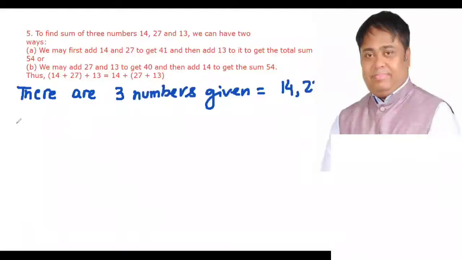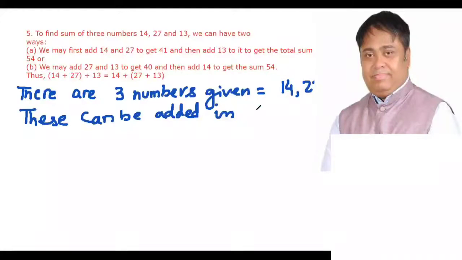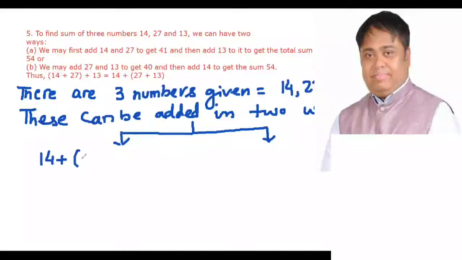These can be added in 2 ways. One is 14 plus 27 plus 13, or 14 plus 27 plus 13.